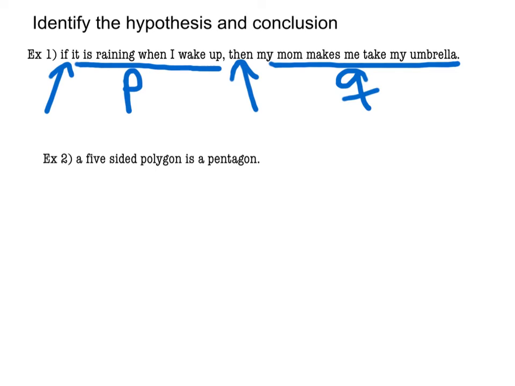Well, let's split this up a little bit, okay? Let's suppose it said, if you have a 5-sided polygon, I think you see where I'm going here, then it is a pentagon.